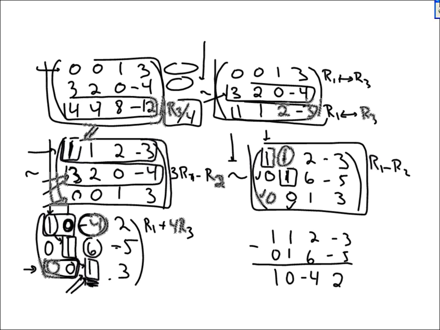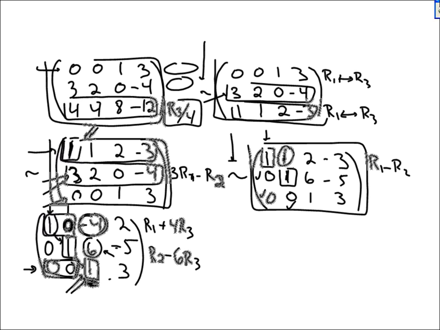But I don't want to lose the 1. That's the 6. I'll keep row 2 the way it is, but I'll take away 6 row 3s. And let me do that work somewhere and then write down the matrix. I'm pretty sure this will be the last step.